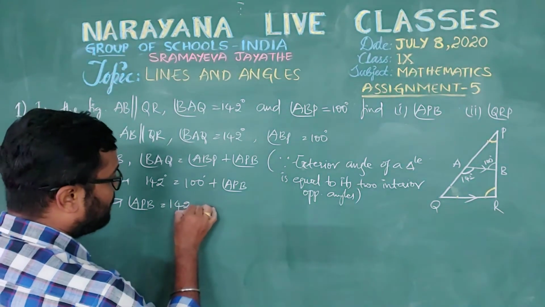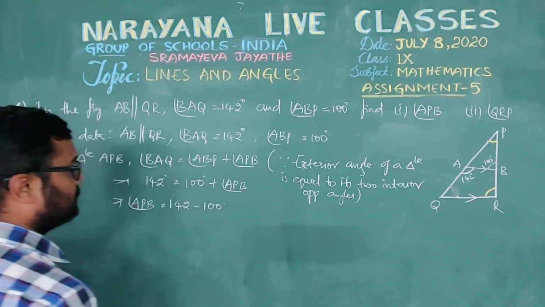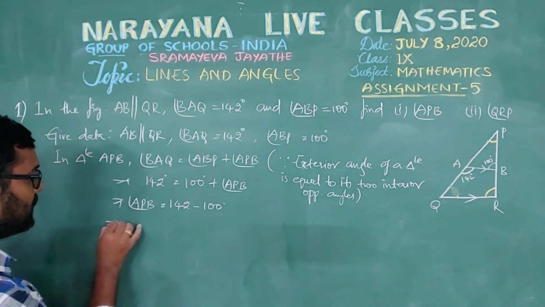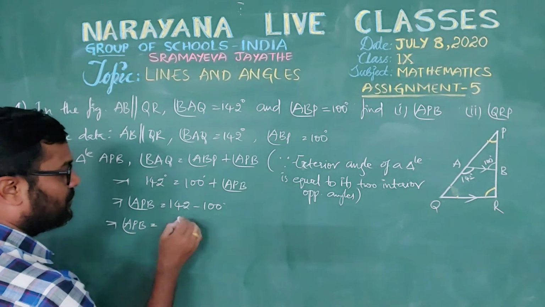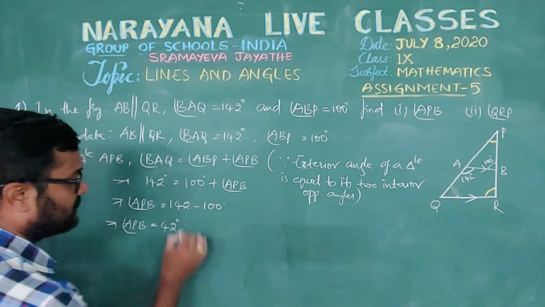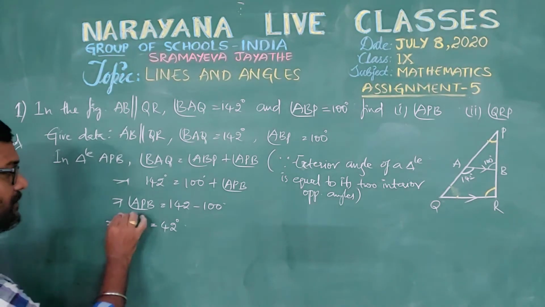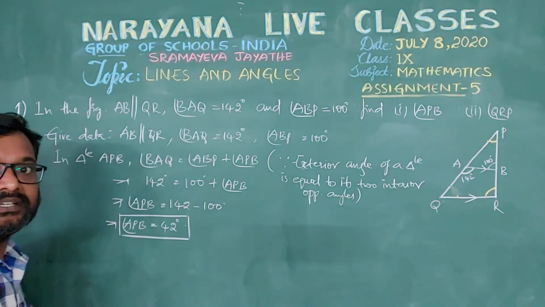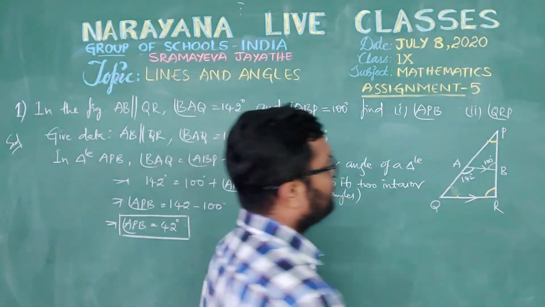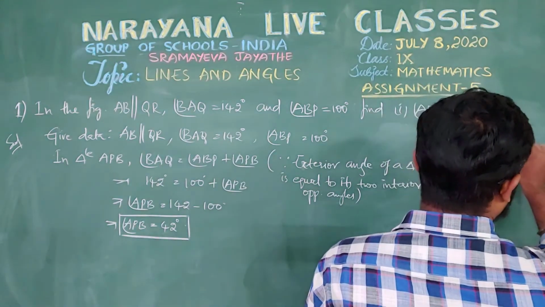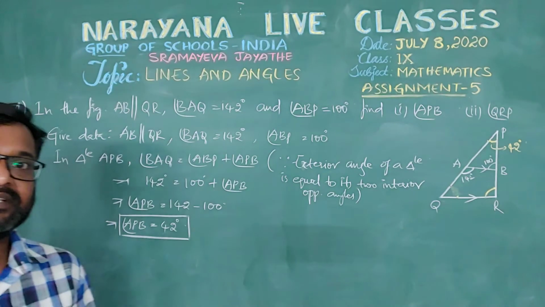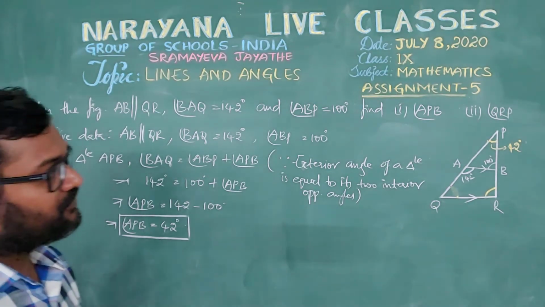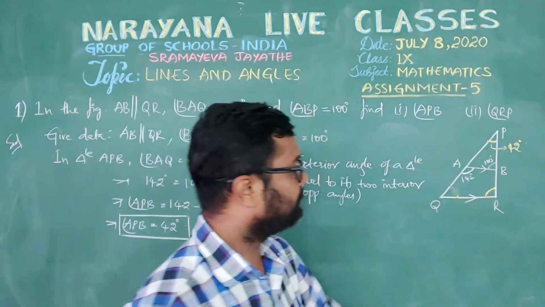That is 142 minus 100, which is nothing but angle APB is 42 degrees. So this angle is 42 degrees. Now we need to find this one.